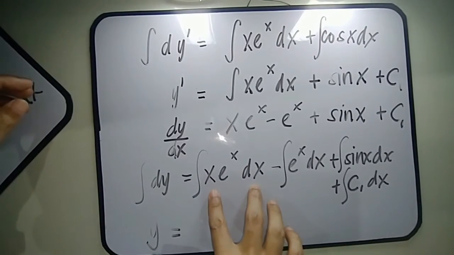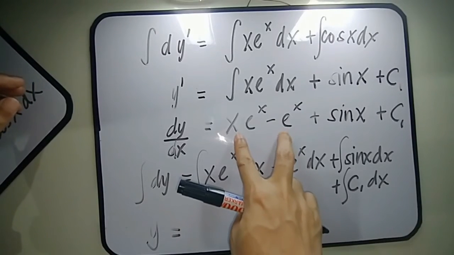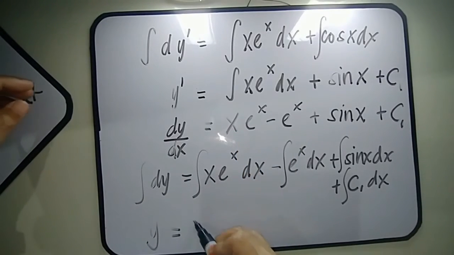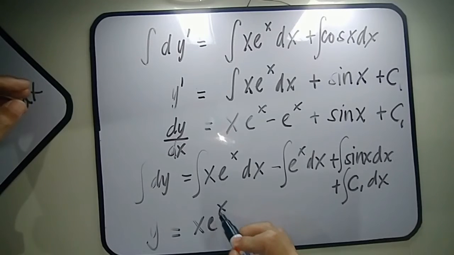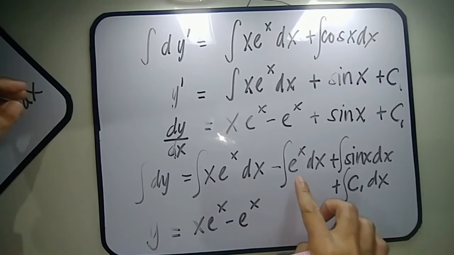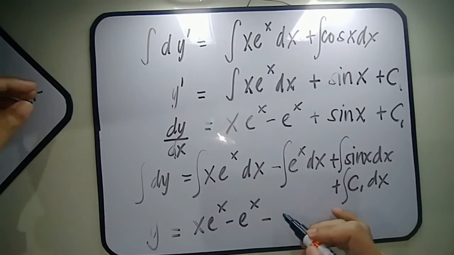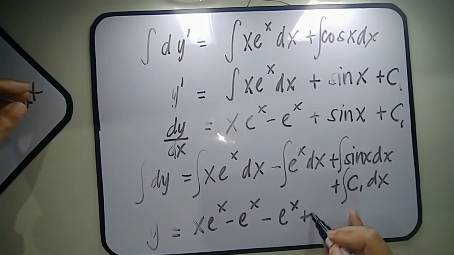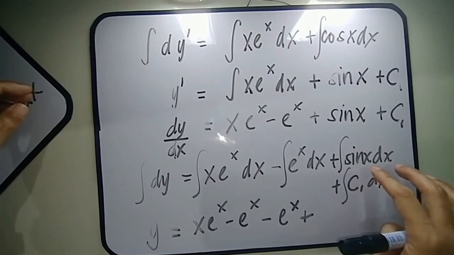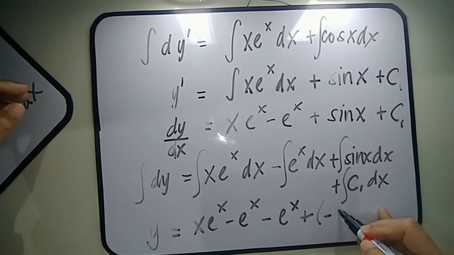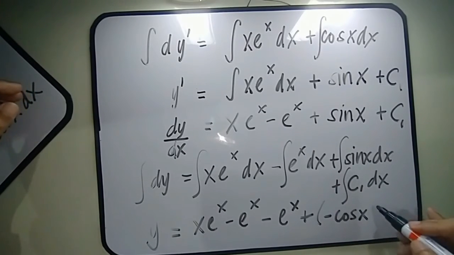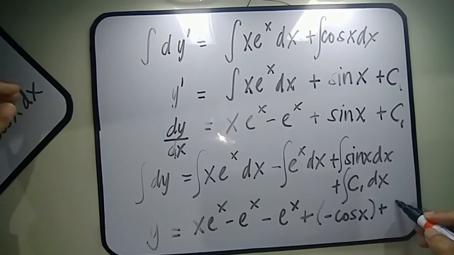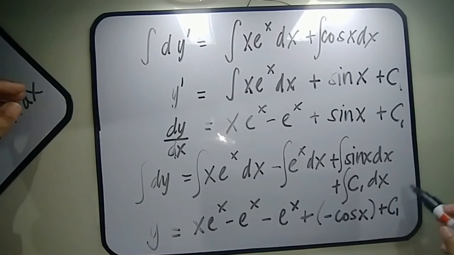This is what we integrated earlier using integration by parts, so this is just equal to x e raised to x minus e raised to x. And then minus e raised to x. So that is the integral of this. Plus the integral of sin x dx is negative cosine x. You have here plus c1 times the integral of dx, that is x.